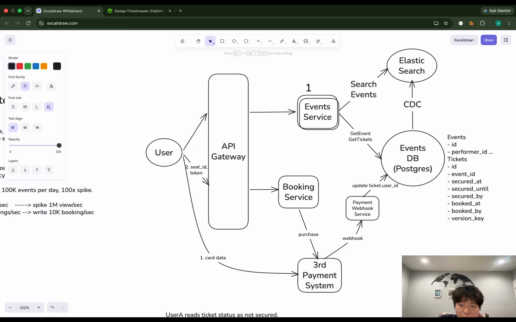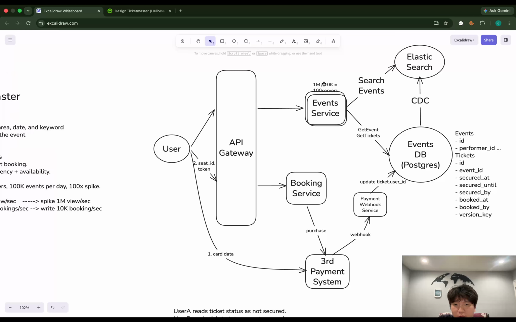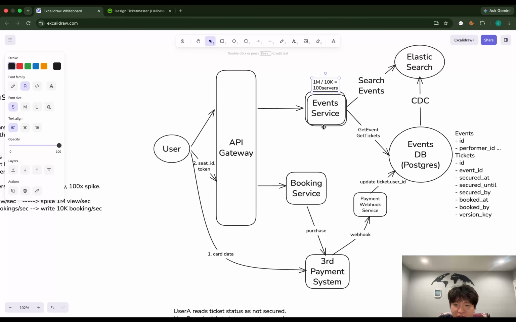Typically one EC2 server can handle 10K simple requests. So for 1 million views, we need 100 servers. This is a realistic number, I think. Good. So this is about the scaling of this event server.